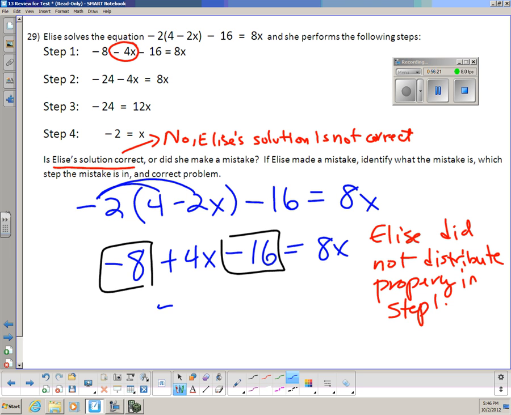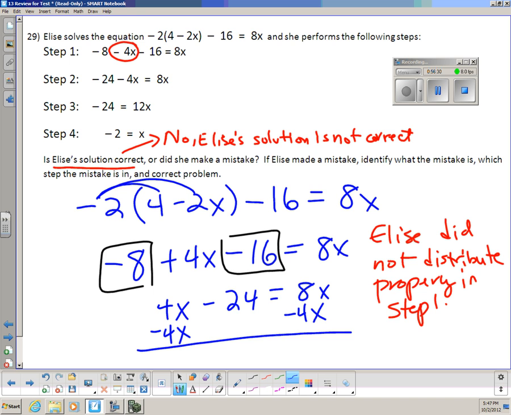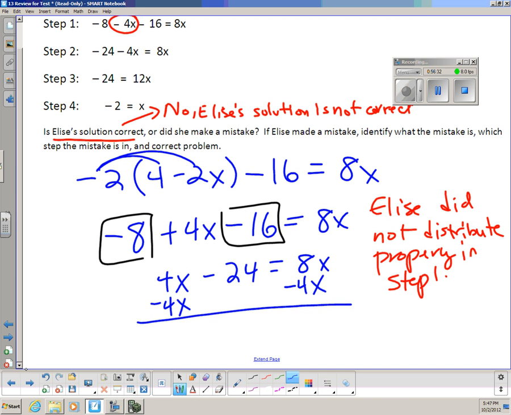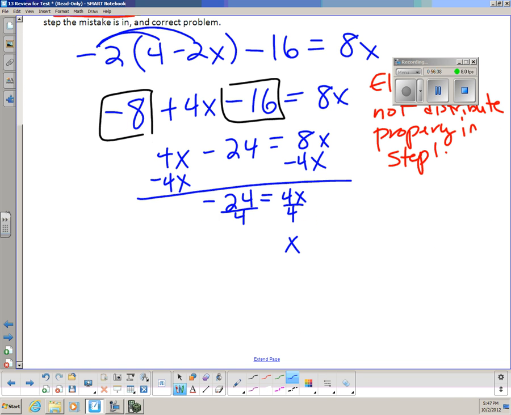So that's negative 24. So we have 4x minus 24 equals 8x. Subtract 4x on both sides. So we have negative 24 equals 4x divided by 4. And x equals negative 6. And now we are done.